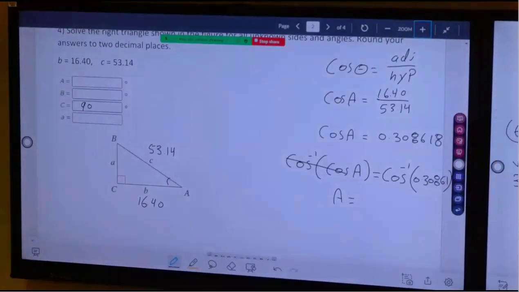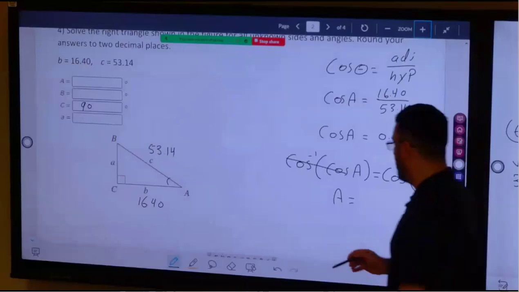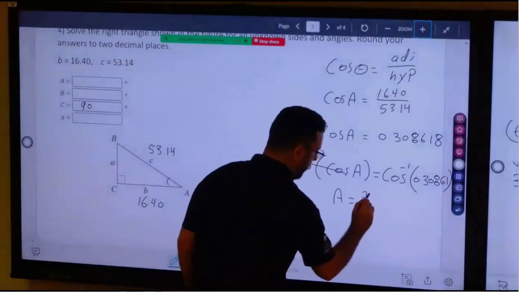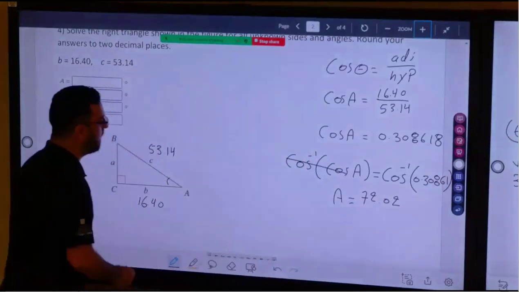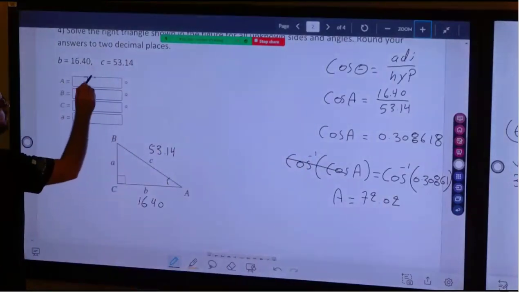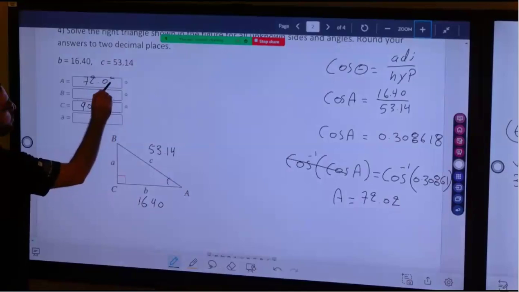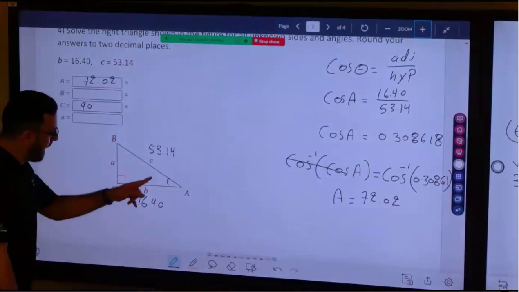Time to plug in the numbers. 72.02. So this is the angle A, which is 72.02.